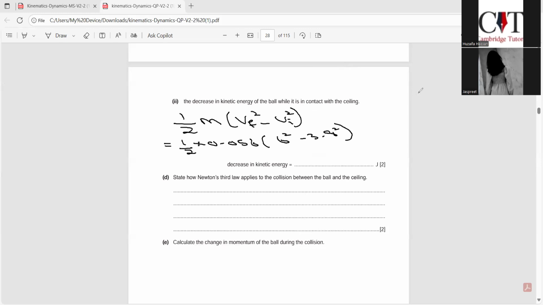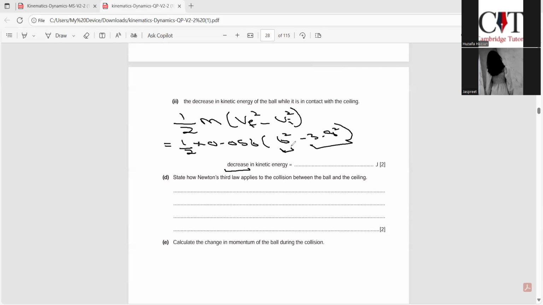That would be your answer. And you already know that we have to find a decrease in kinetic energy. We already know that velocity is decreasing. It was 6 and it became 3.8, so obviously it is decreasing. So you have to write it like this. Is it clear?